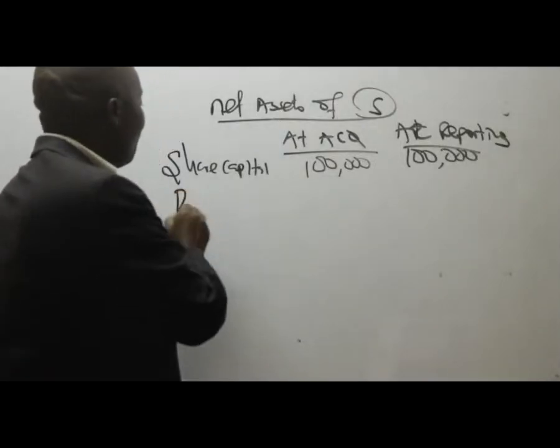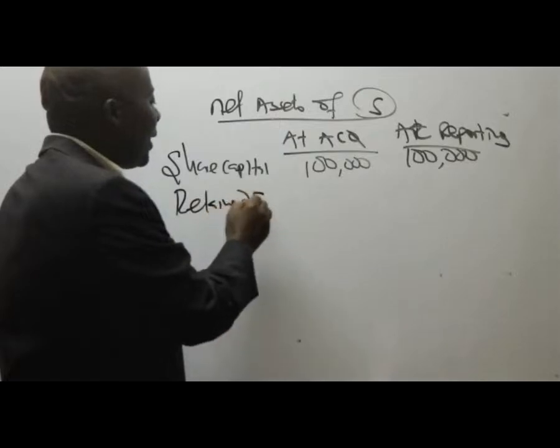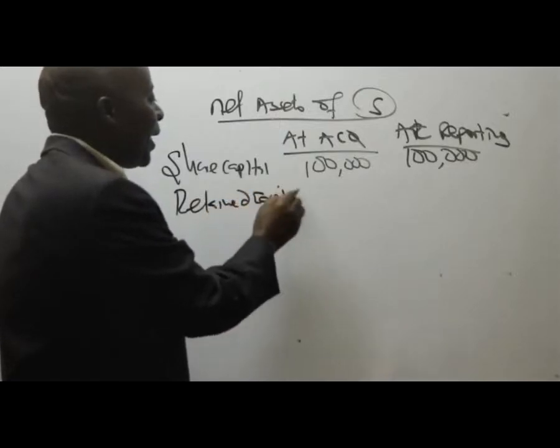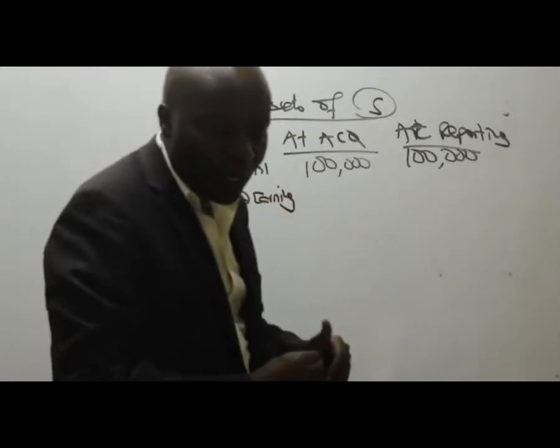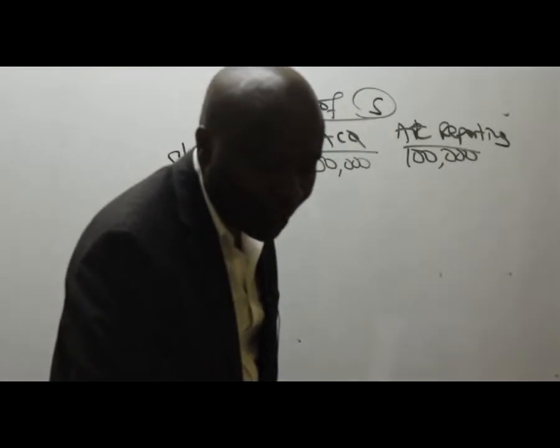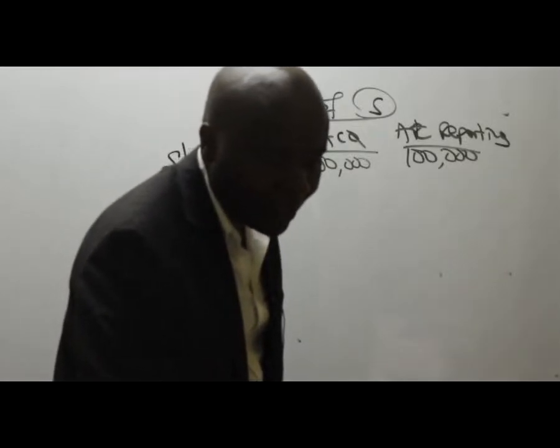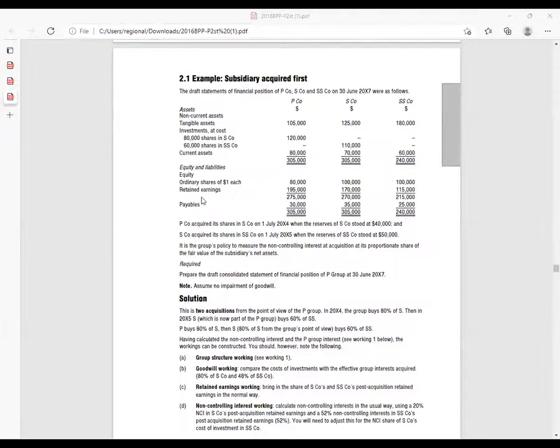From there, give me the retained earnings. Retained earnings at reporting for S is 170,000.